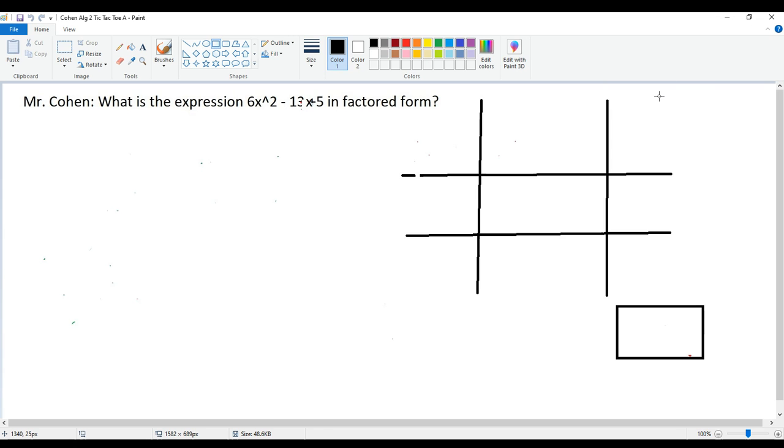I'm going to talk to you today about the tic-tac-toe method for the expression 6x squared minus 13x plus 5 in factored form.